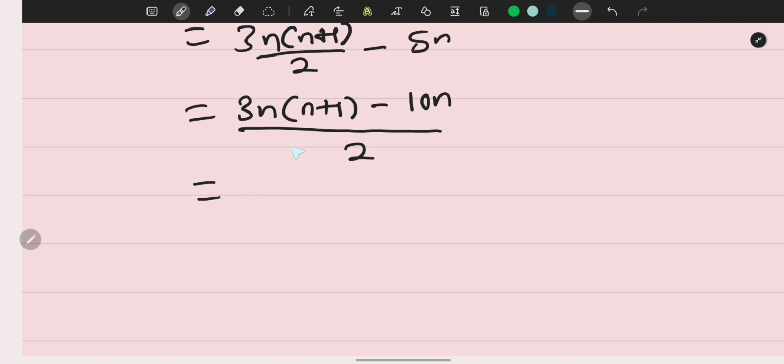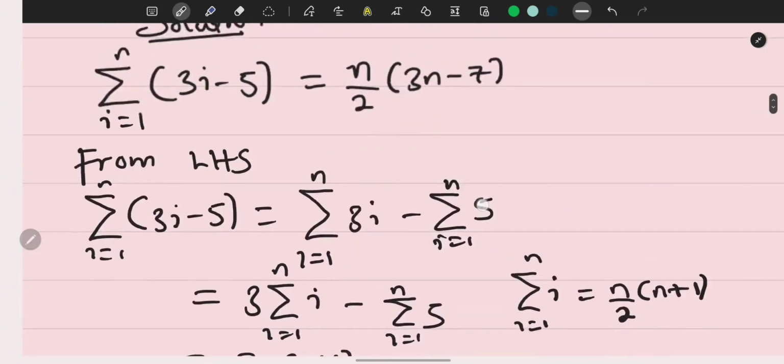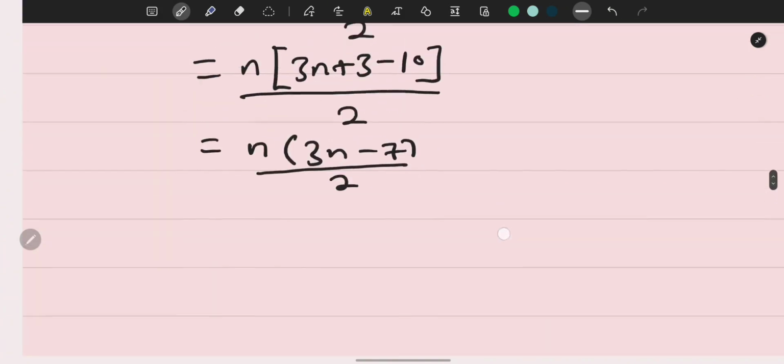Then we're going to have n times 3n plus 3 minus 10, over 2. So you have n times 3n minus 7, over 2. And as you can see, what you obtain here is the same as what you need to prove, and that is the proof of the given question.